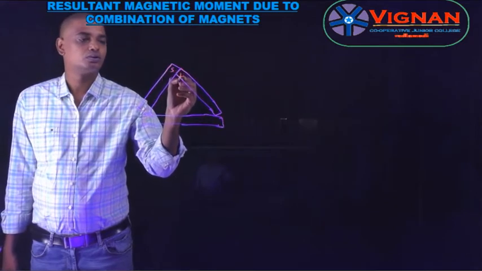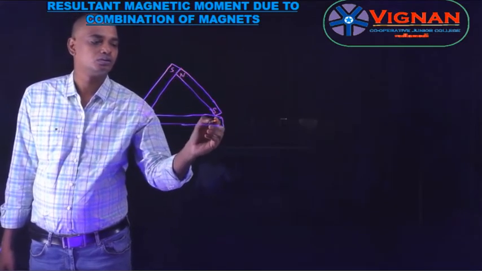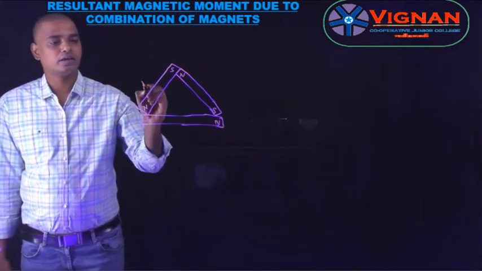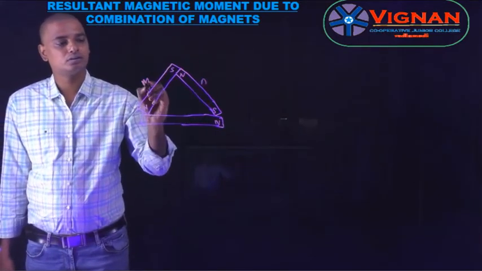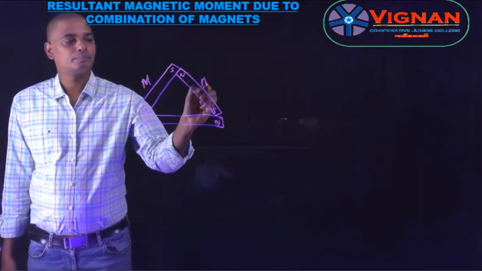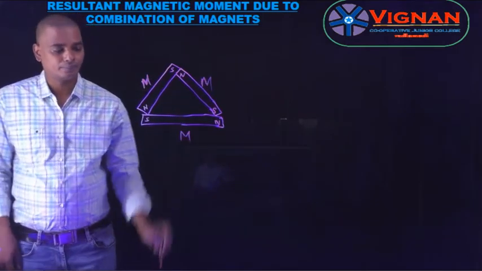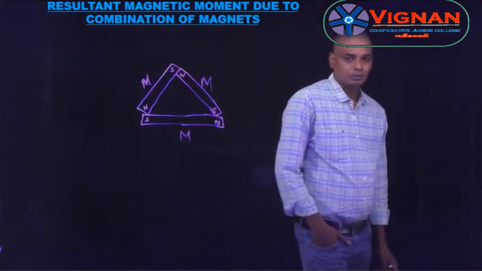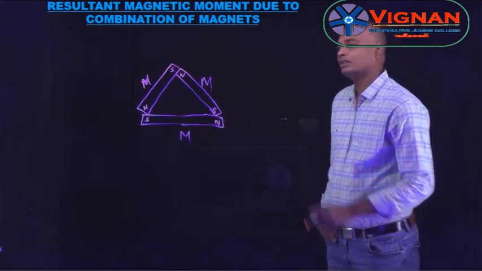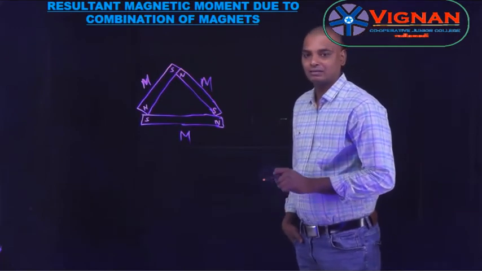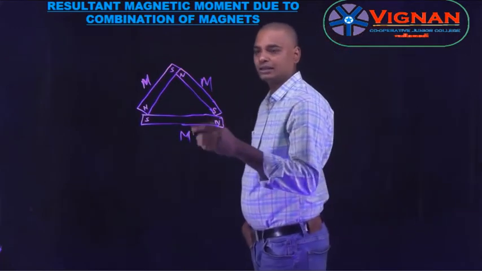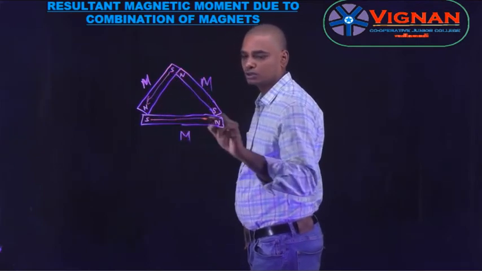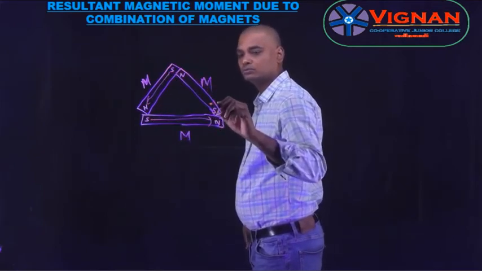North pole, south pole, north pole, south pole, north and south. Each has magnetic dipole moment denoted by capital M. So we need to calculate the resultant magnetic dipole moment. When these three bar magnets are placed in an equilateral triangle, let us denote the directions, from south to north, from south to north, from south to north.